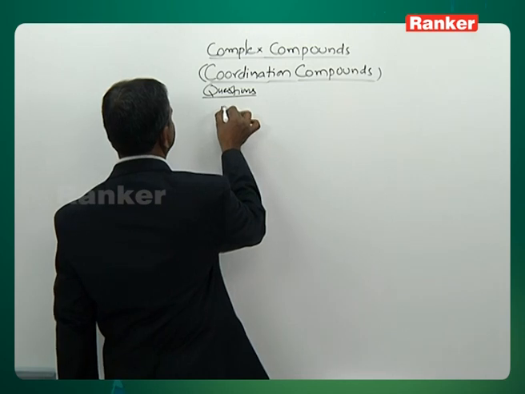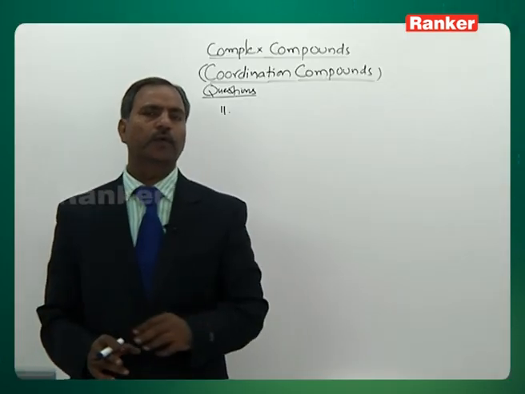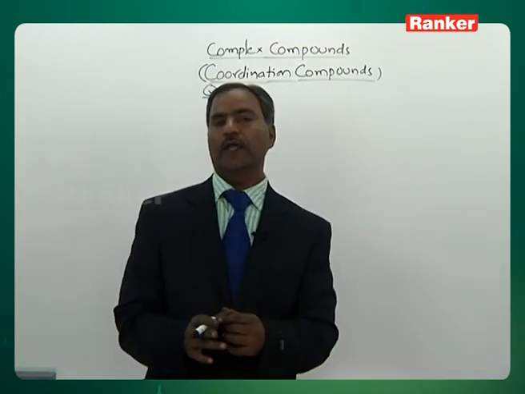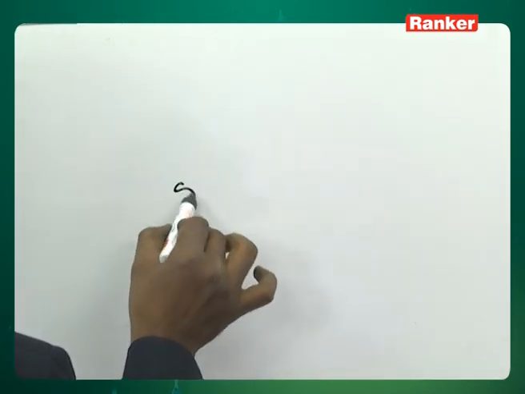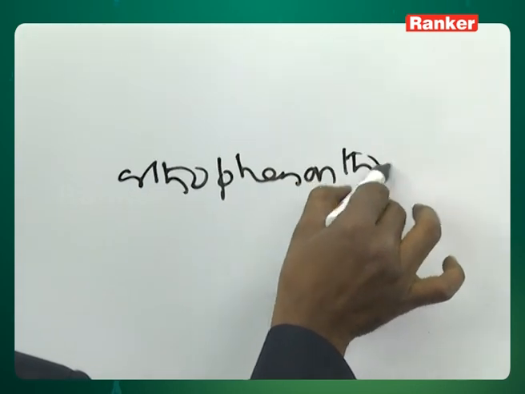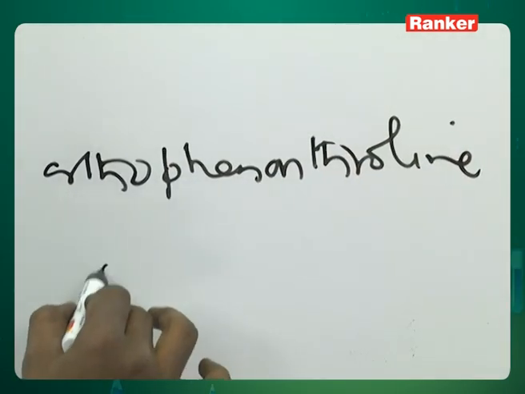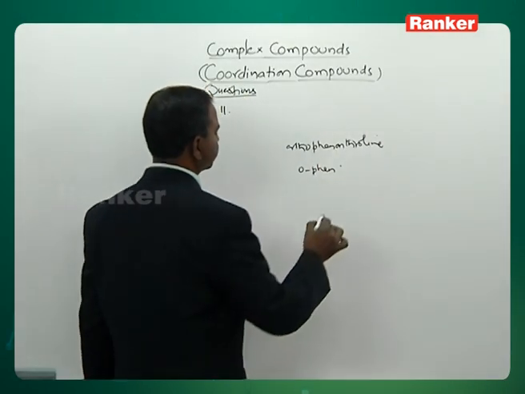Question number 11. [Fe(phen)3]2+. The coordination number of iron: option A is 2, B is 3, C is 5, D is 6. These are the options given. First of all, you have to know what the phen ligand is. What is phen? Orthophenanthroline. This is what we call phen.